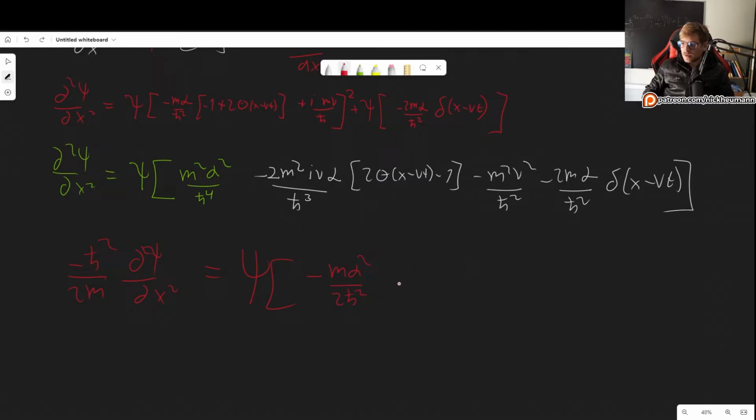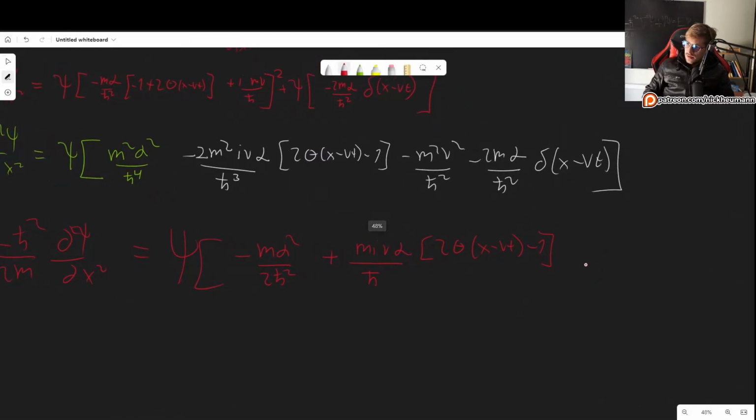This part becomes plus i m v alpha divided by h bar times 2 theta of x minus vt minus 1. And then plus mv squared over 2 plus alpha delta of x minus vt.